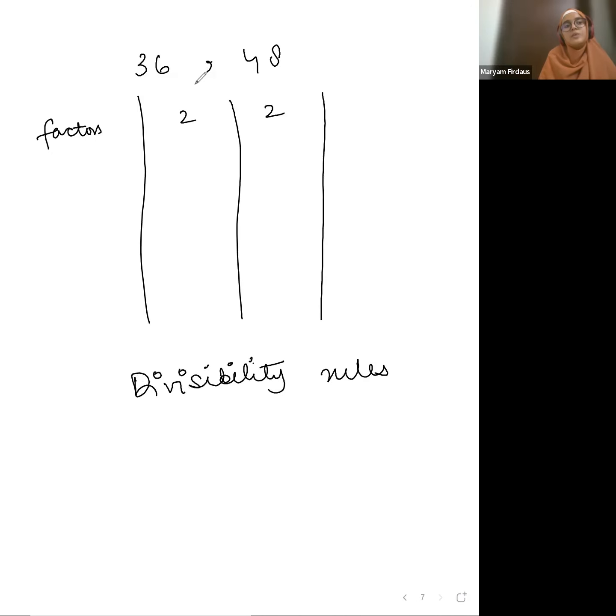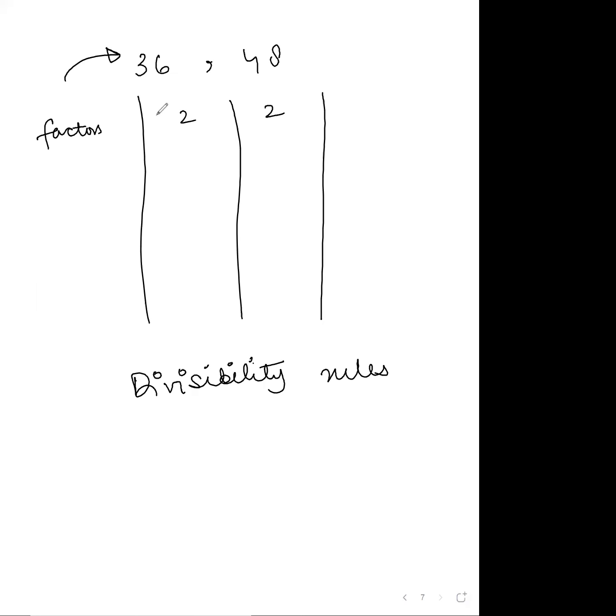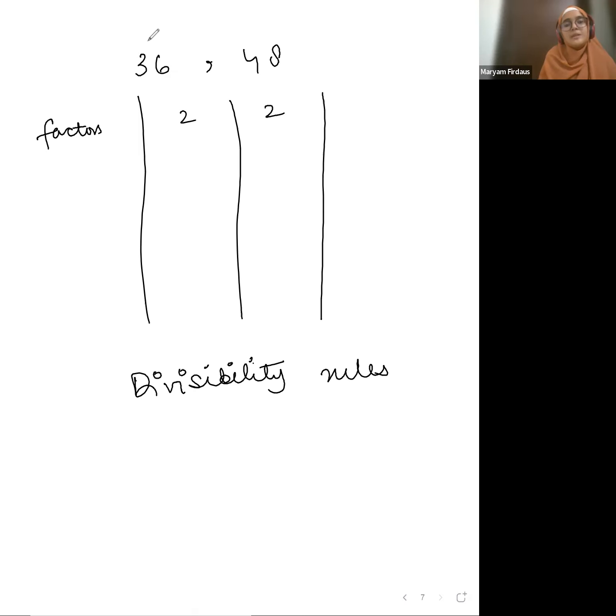So 2 is a factor of both of them. What is the divisibility rule for 3? How do you know if a number is divisible by 3 or not? How do you know if 3 is a factor of the number? If a number is divisible by 6, then it is divisible by 3. No. The divisibility rule of 3 is that when you add all of the digits of that number, you should get a number which is divisible by 3, or a number which lies in the table of 3.